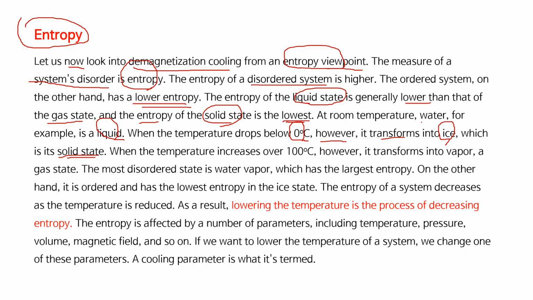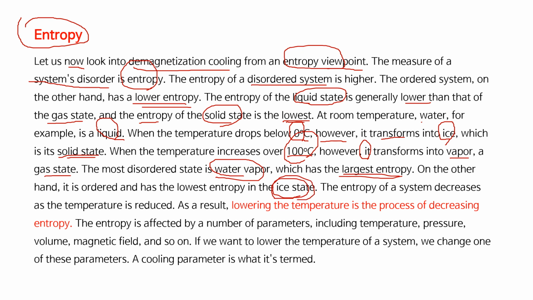When the temperature increases above 100 degrees centigrade, the water transforms into vapor, or gas state. The most disordered state is water vapor, which has the largest entropy. On the other hand, it is ordered and has the lowest entropy in the ice state, the solid state.